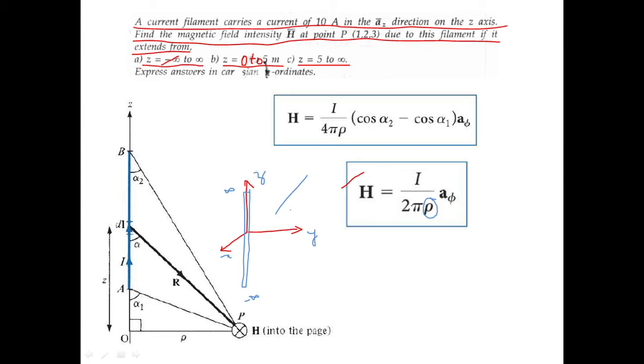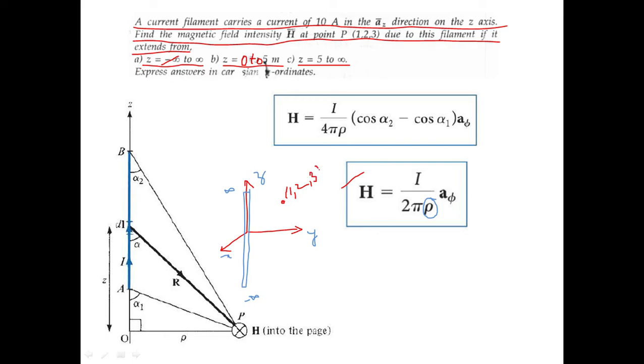Now where is the point where we have to calculate the magnetic field intensity? This is some point where we have to calculate the magnetic field intensity, that is given as 1, 2, 3.